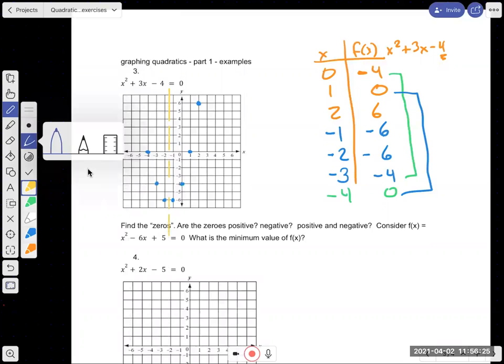And so you know that the minimum value is going to be when x equals minus 3/2. And you could calculate that by plugging that value in. Okay? And that's what we're going to learn to do: find out what comes out when we put in minus 3/2. That's the minimum value.